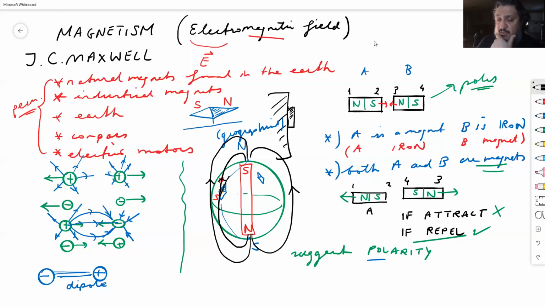there's a problem here. In my electric field, electric charges, I knew that the field lines originated from the positive and they ended up at the negative. And I have this magnet here, and I may have a small magnet this size, a compass, or a huge magnet, which is Earth, from South to North Pole.